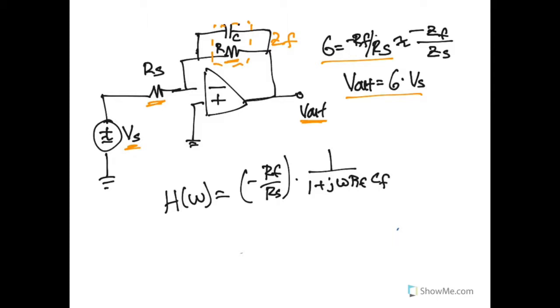What you should recognize here is that this is just our classical gain equation for an inverting amplifier, and this other part is the transfer function we had for a low-pass filter, our old H of ω function.